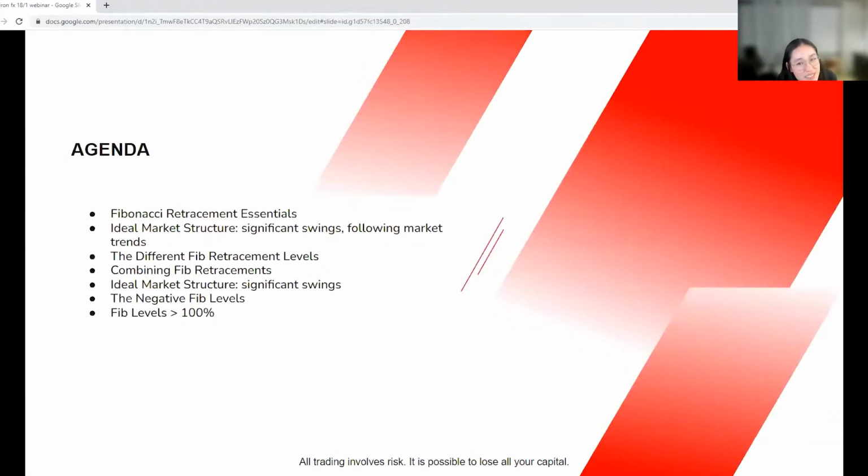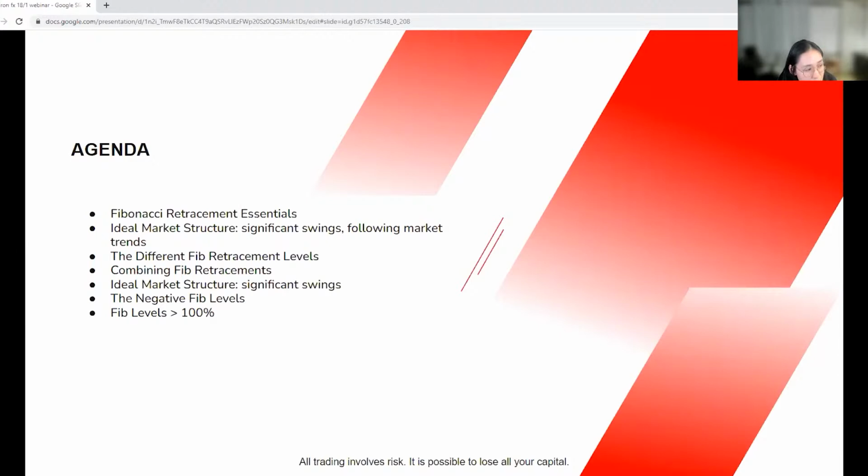Here is our agenda for today. Firstly, we'll go through the essentials of Fibonacci retracement, followed by the ideal market structure: what you can look out for, significant swings, and how important it is to follow market trends. Then we'll go through the different Fibonacci levels. We'll also touch a little on expansions as well as Fibonacci extensions, the difference between those, and how to look out for them when you're trading.